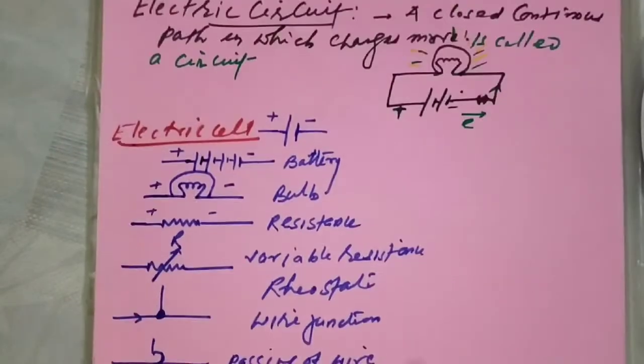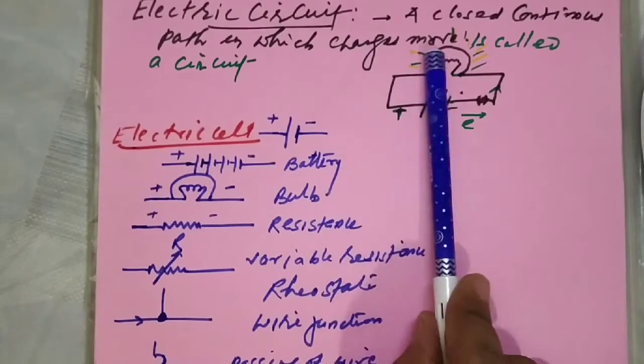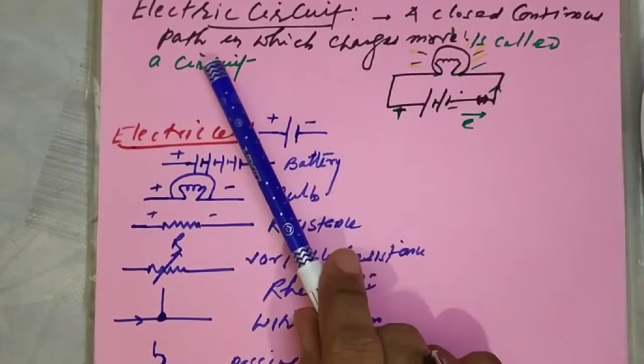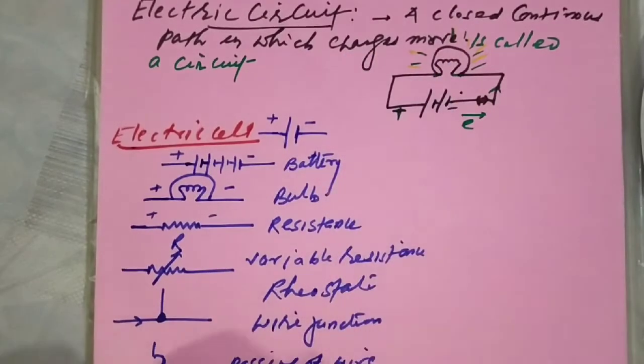First of all, a circuit is a closed continuous path in which charge moves.